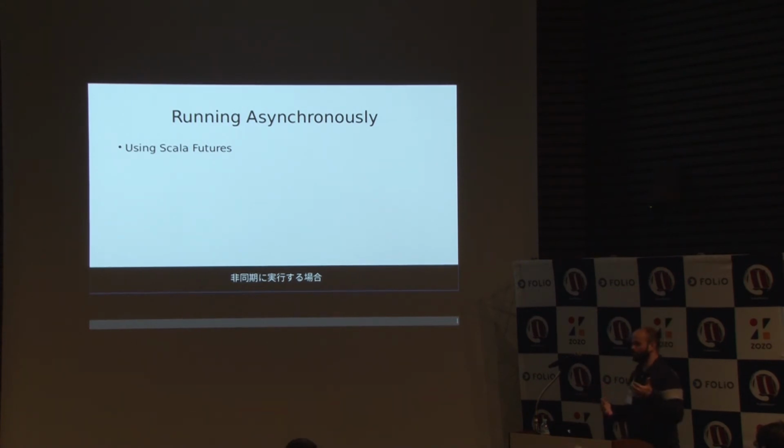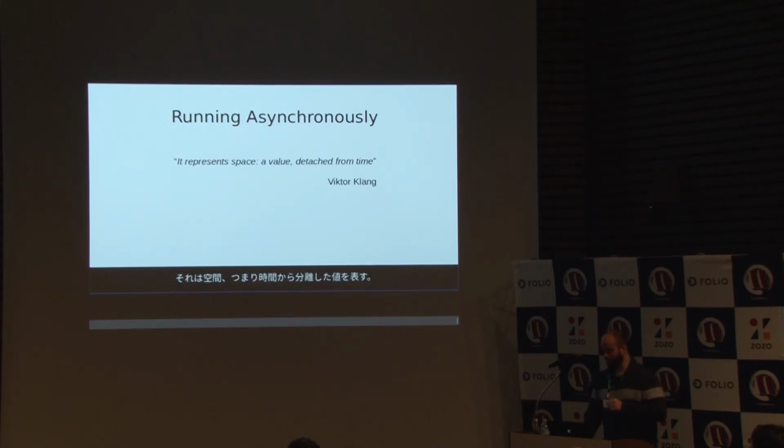I don't know if you know what futures are, but there is a quote from one of the contributors to Scala that I love, which is Viktor Klang, and he says it represents a value detached from time. It's philosophical.